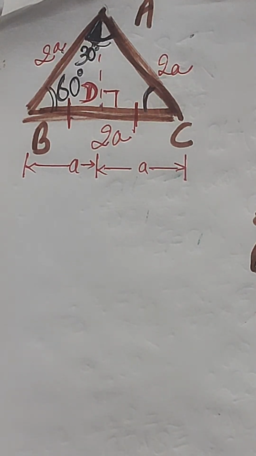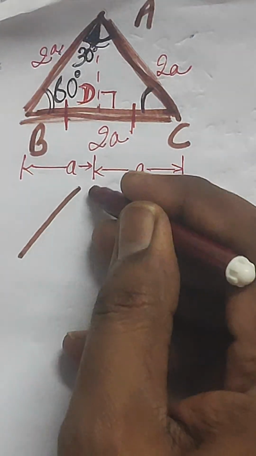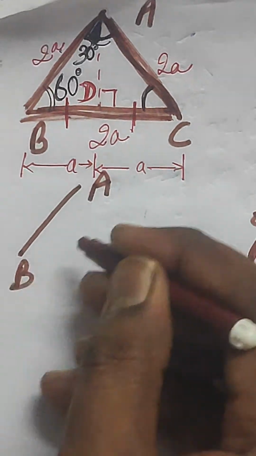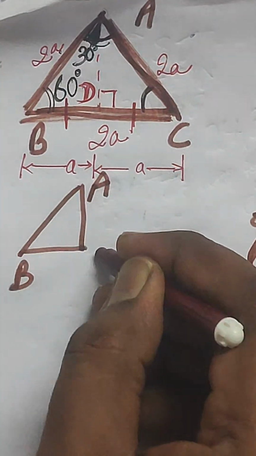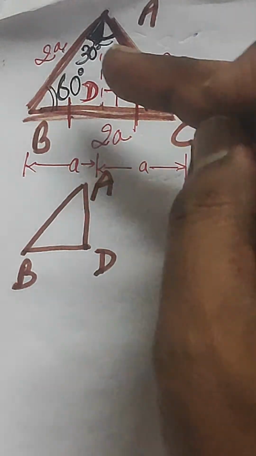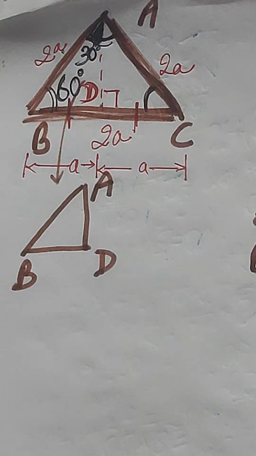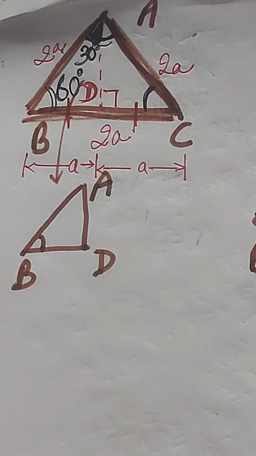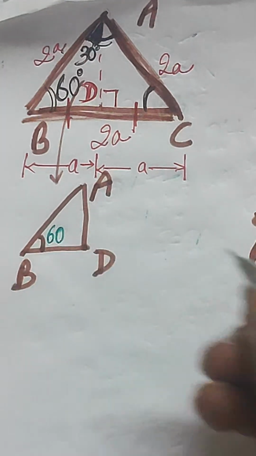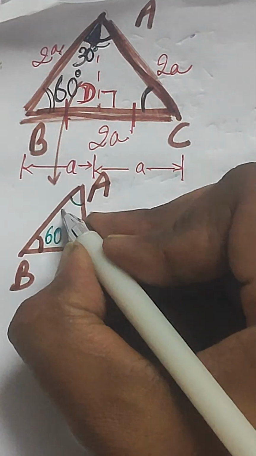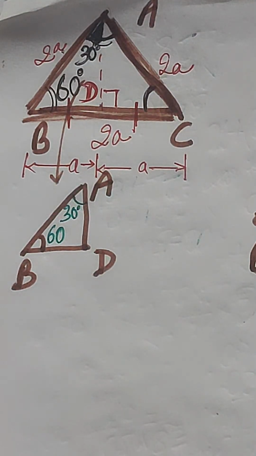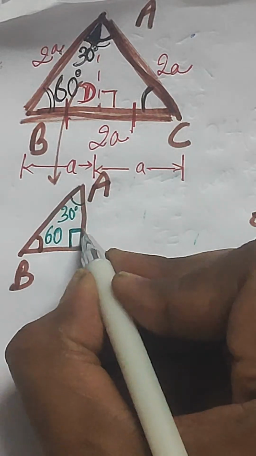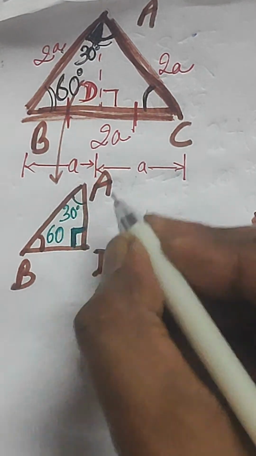Now, if you consider this section, I am drawing it again: this is A, this is B, and this is D, right? Here this angle will be 60 degree, this angle will be 30 degree, and this angle is definitely 90 degree because we drew the perpendicular bisector.